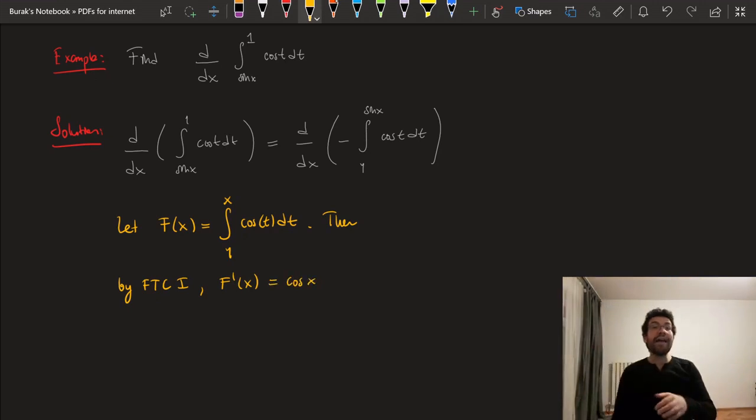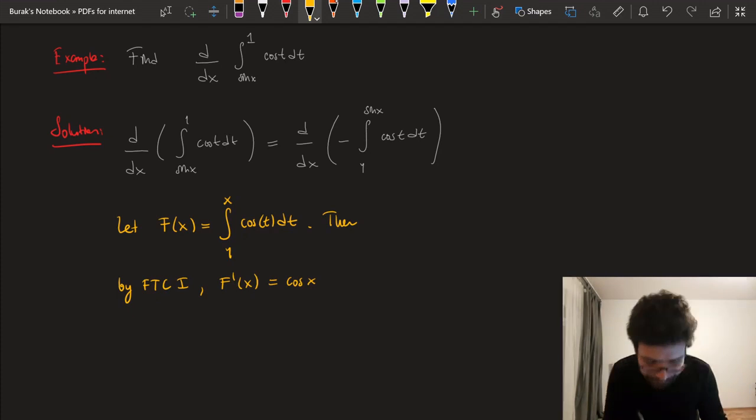So if my upper bound were x instead of sine of x, the derivative would be cosine of x by the first part of the fundamental theorem. But I didn't have that. Yet this big F will be very useful.